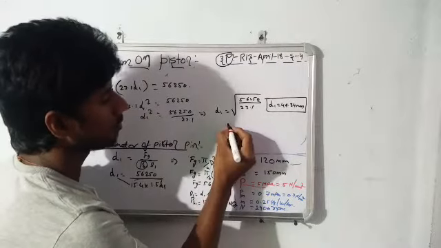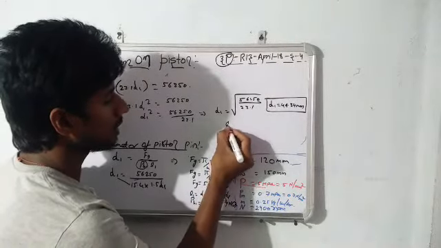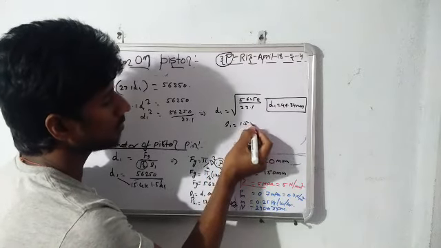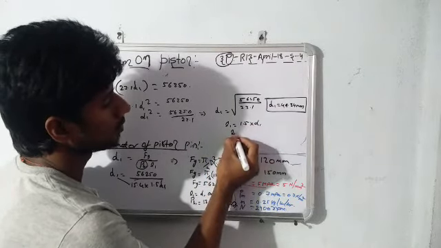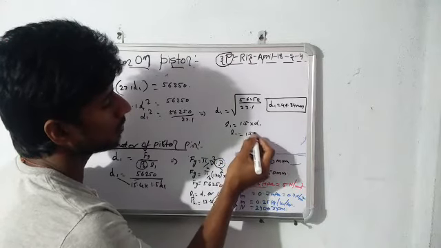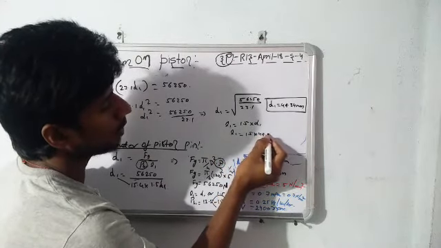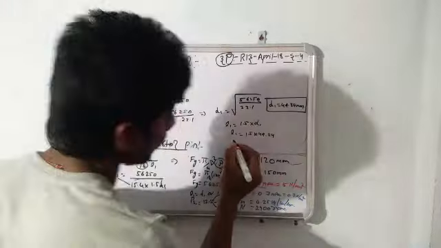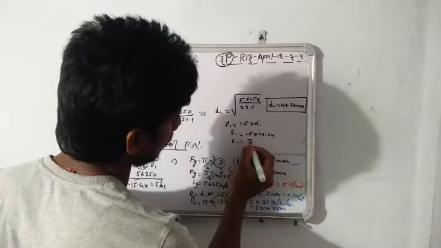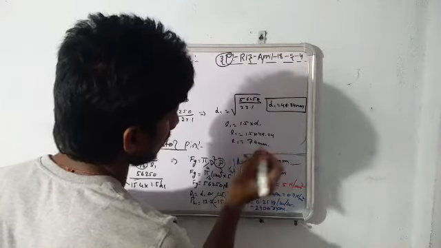Based on that, the length of the piston pin l1 equal to 1.5 times of small d1. So l1 equal to 1.5 into 49.34 mm, which is 74 mm.